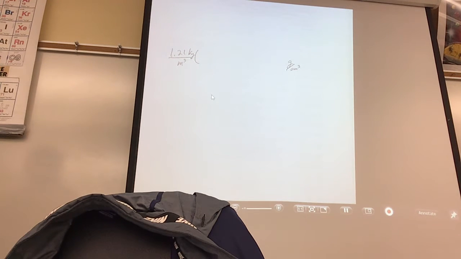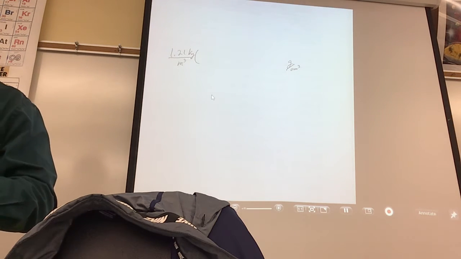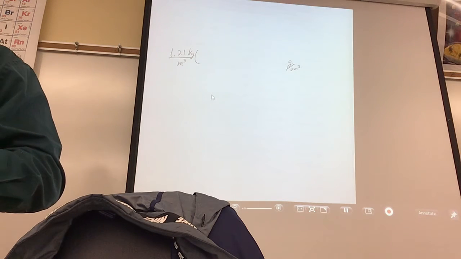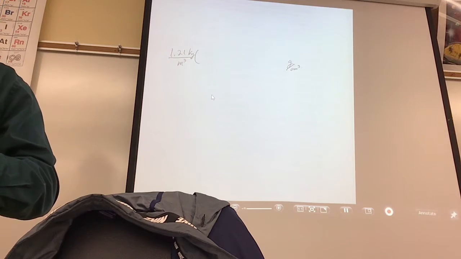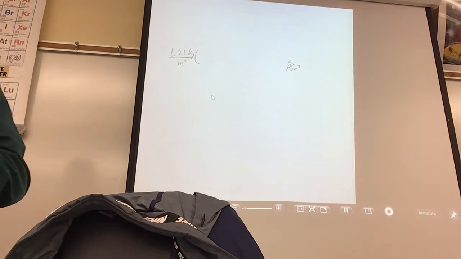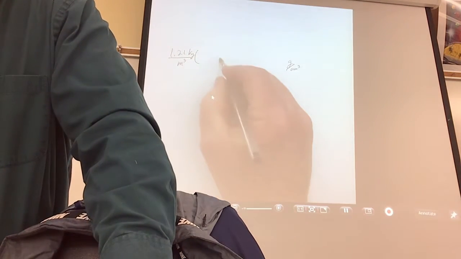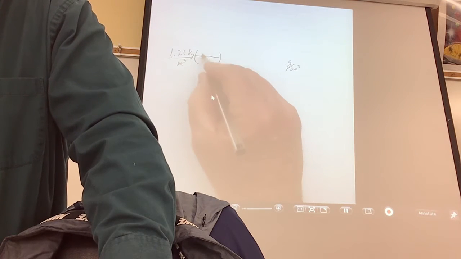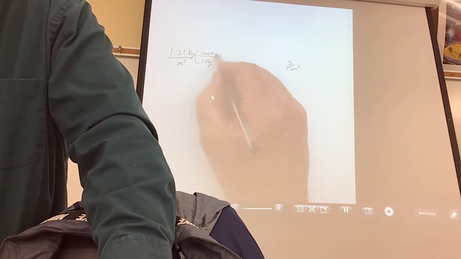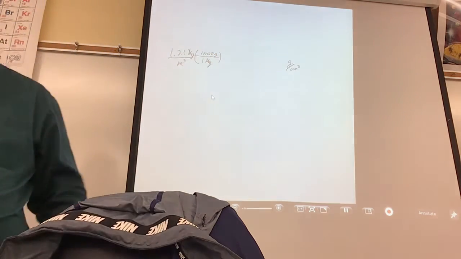Does everybody remember how to do this? If you haven't started already, I'll get you started, okay? 1 kilogram is the same as 1,000 grams. All right?